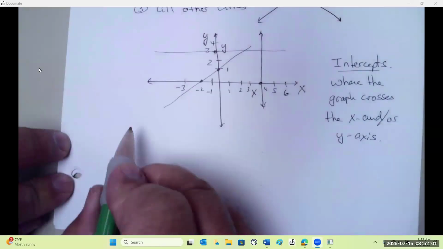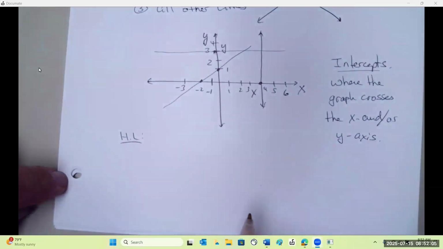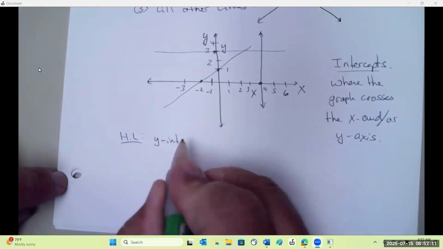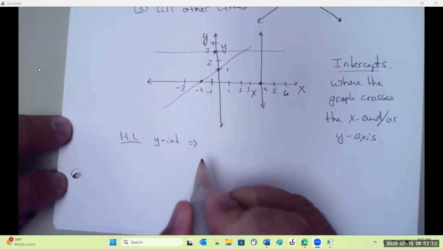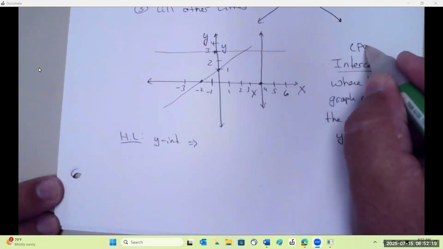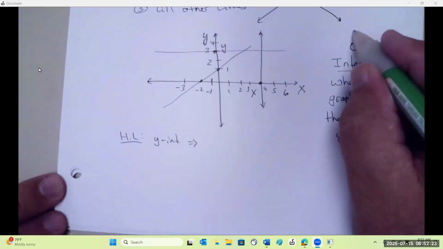So for my horizontal line, what intercept do we have? X or Y? We have a Y intercept. What's the location? Because remember, since it's an intercept, it's a point. Since it's a point, it has to have an X and Y component.